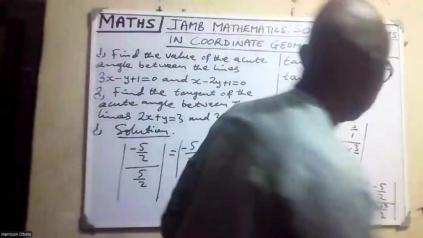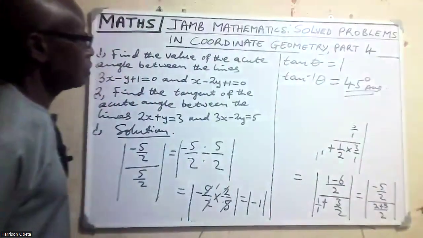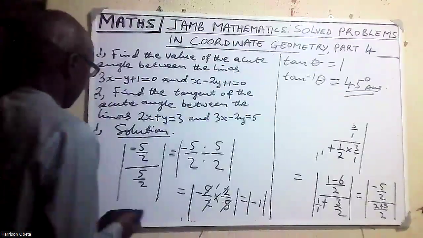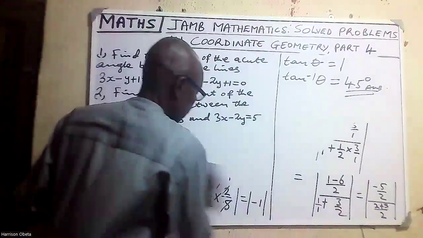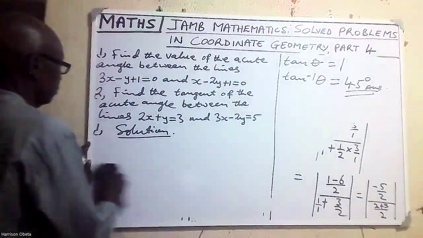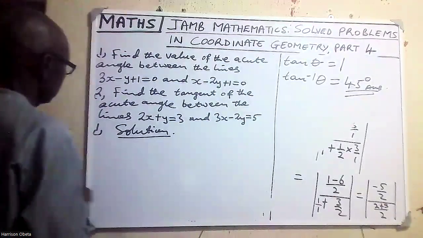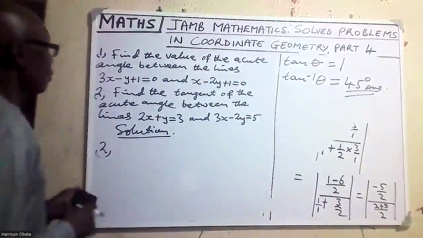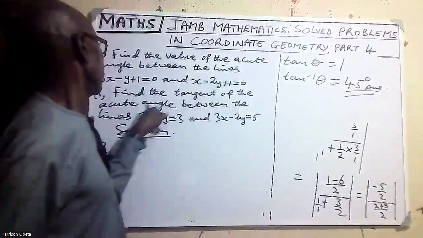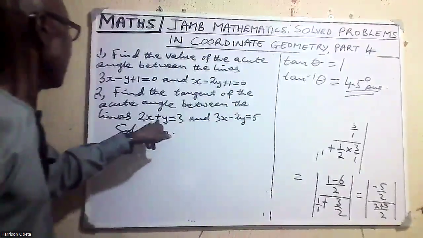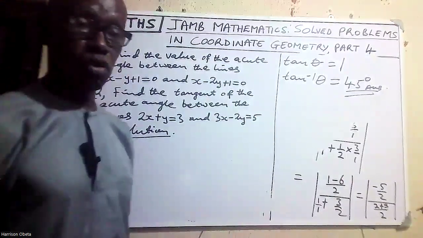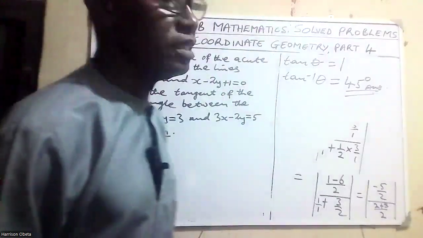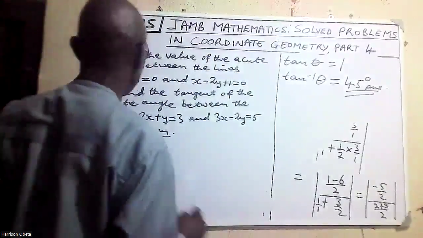So we quickly go over to question number 2. In question number 2, we have to find the tangent of the acute angle between these lines. Also, we have to find the gradients, m1 and m2.